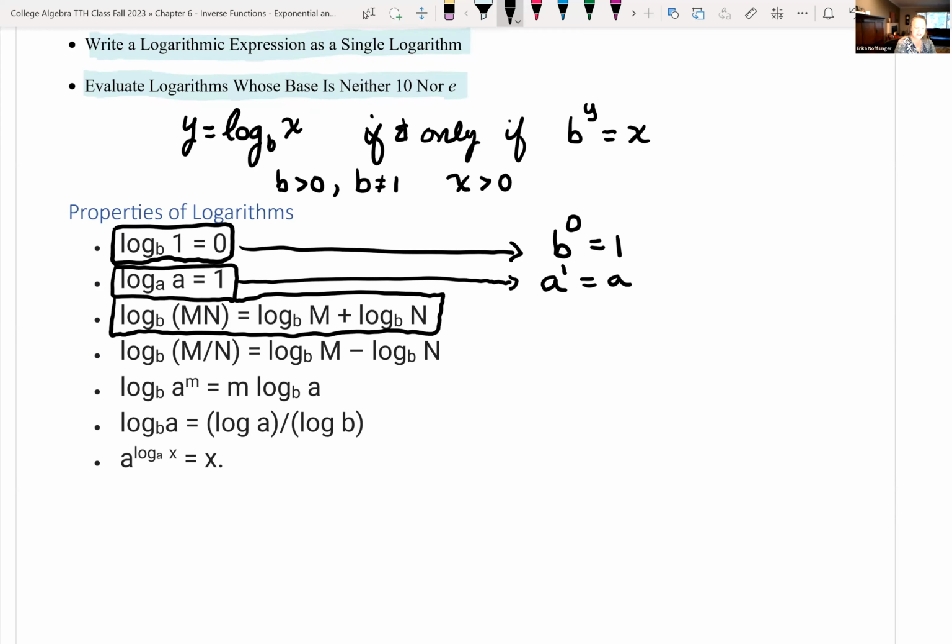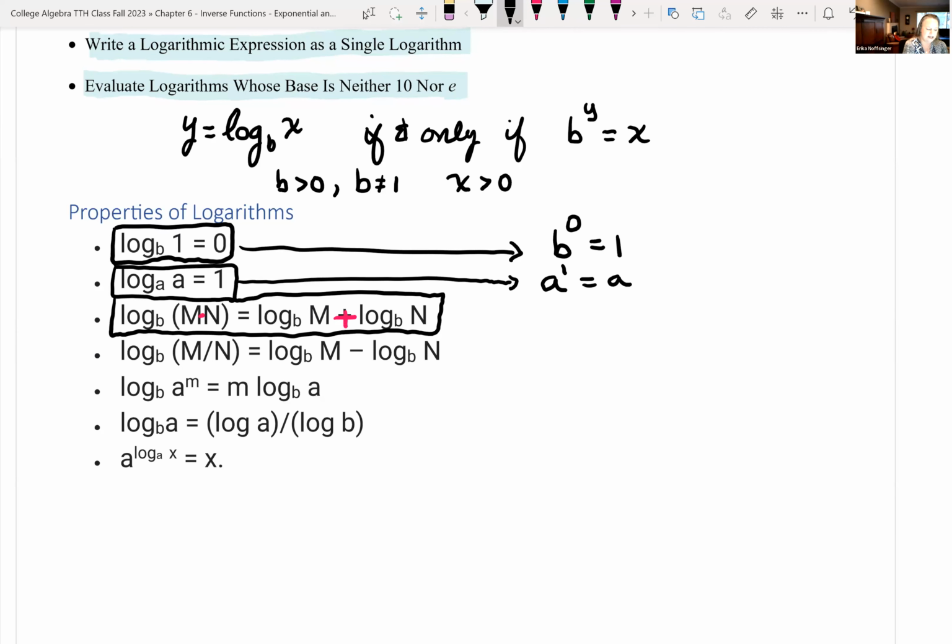So if there's multiplication in between, our argument is m times n, then we can break it down as a sum of logs. Log base b of m plus log base b of n. So multiplication in between makes addition to rewrite it as a string of logs.